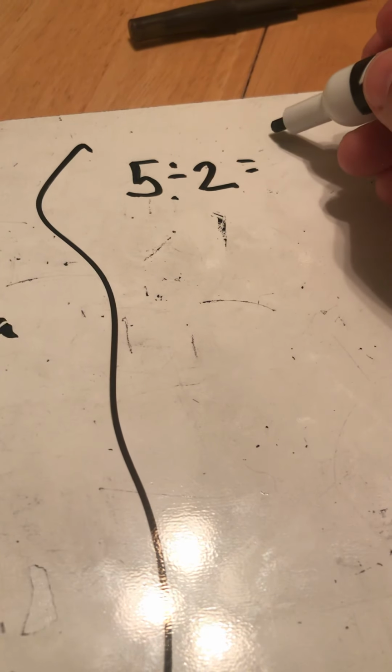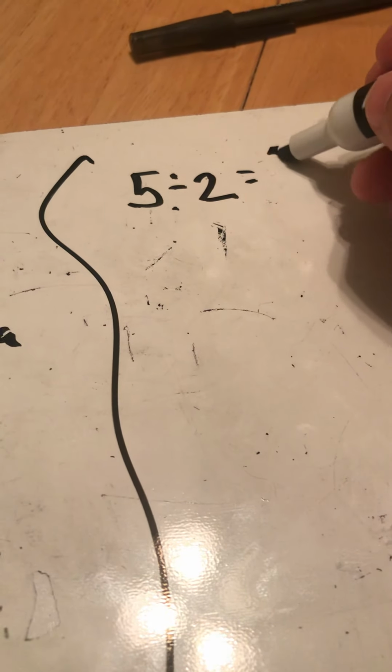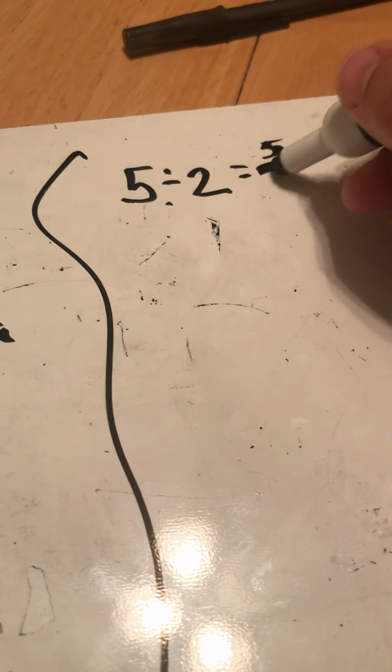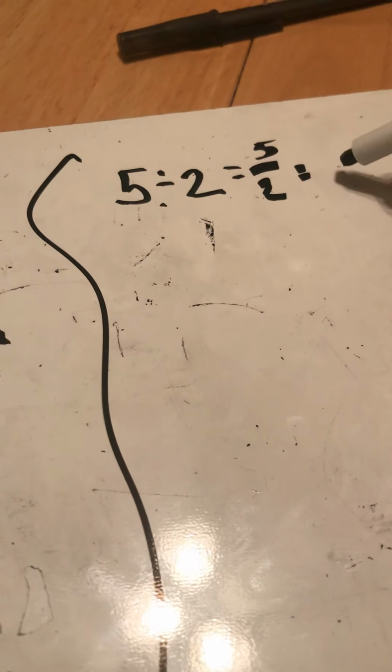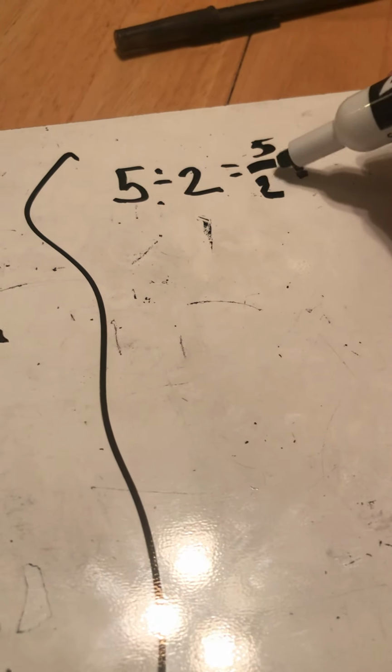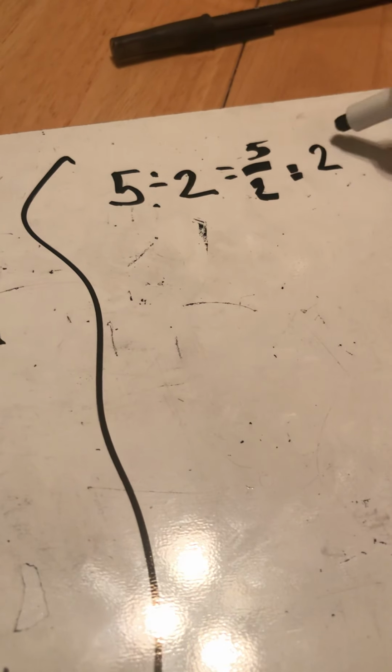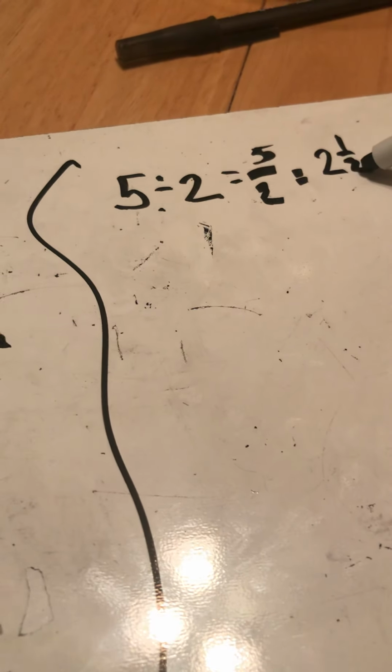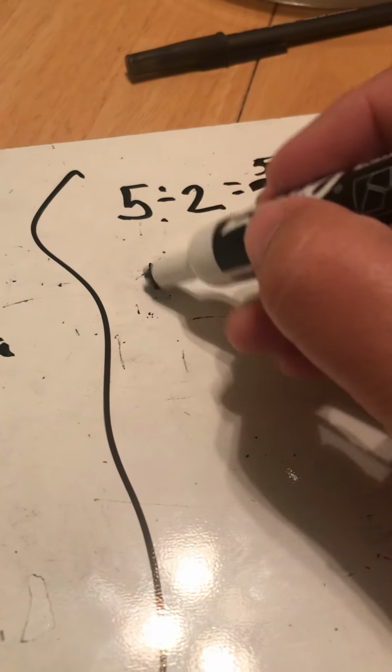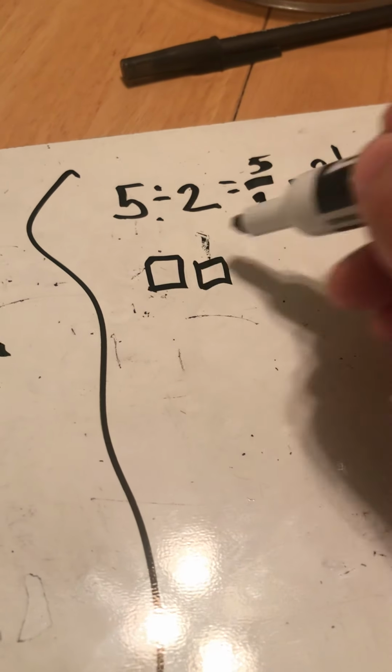So in this case, we would set this up as 5/2. And so, of course, we could turn this into a mixed number. We'd get 2 1/2.